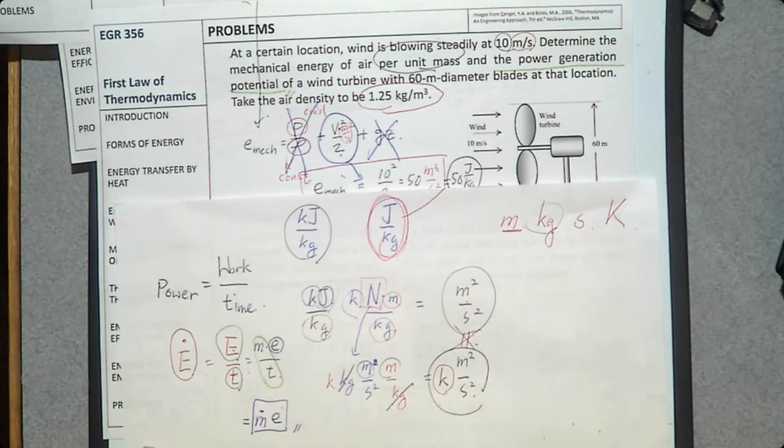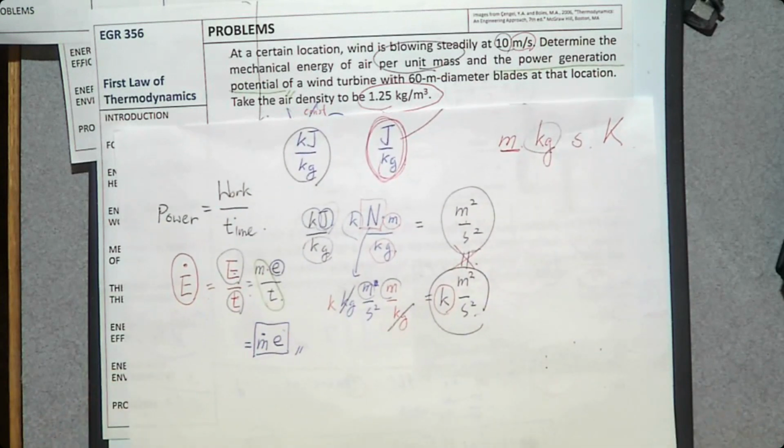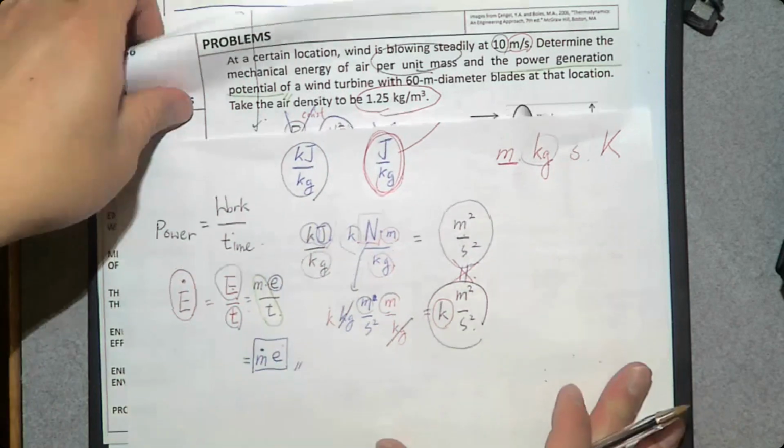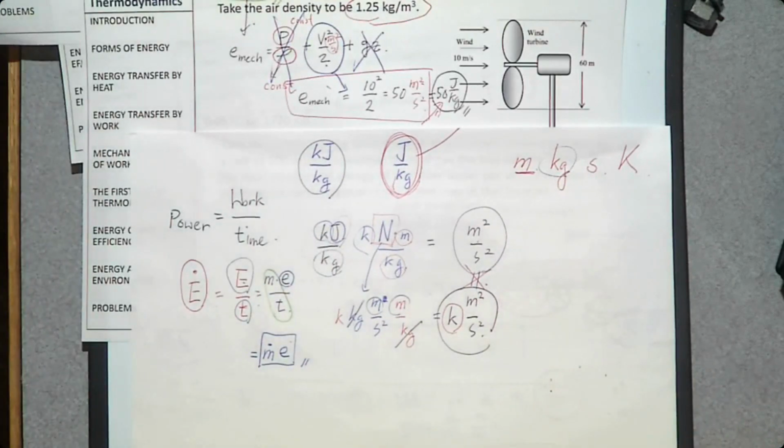So that's how we can determine the power. Power can be determined by mass flow rate times specific energy. We already determined the specific energy. Here, specific mechanical energy is 50 joule per kilogram. So if you can find this m dot, then you can determine the power generation potential.